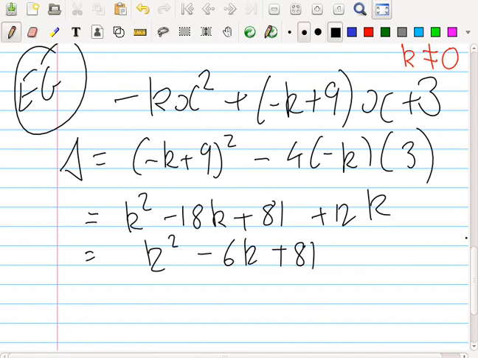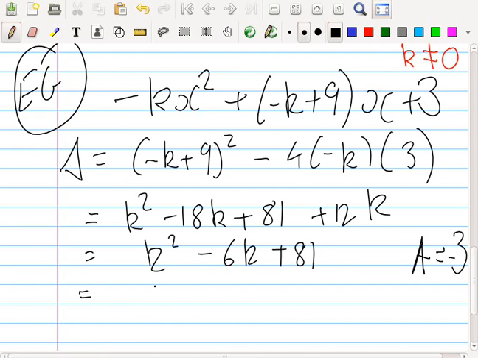Or do we? Can anybody think of something to do next? I'll give you a hint. You've done it recently. Complete the square. Let's see what happens if we complete the square. What does a equal here? Minus 3.